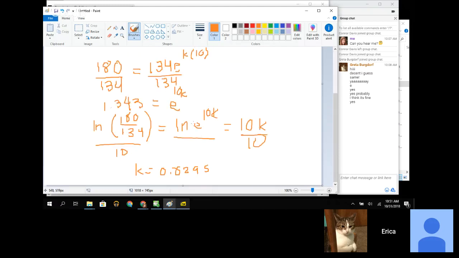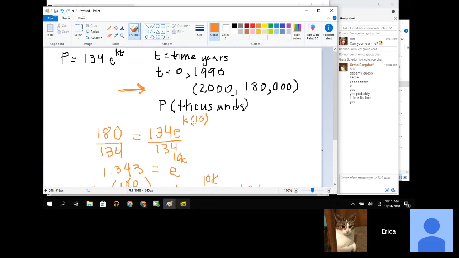So then the second part was, if you wanted to predict the population in 2010, let me kind of wrap this all up, right? So now our model up here, instead of a k up there, it's going to say 0.0295 t, right?